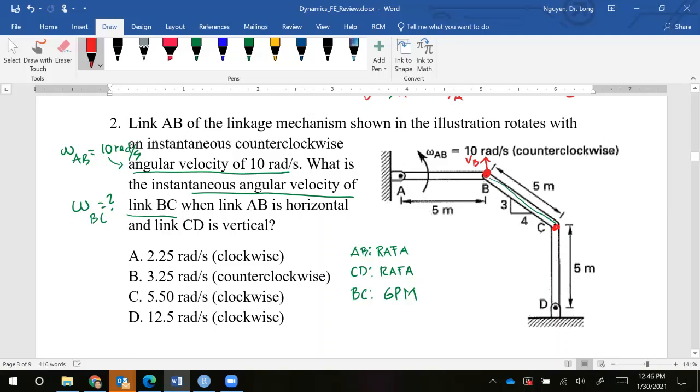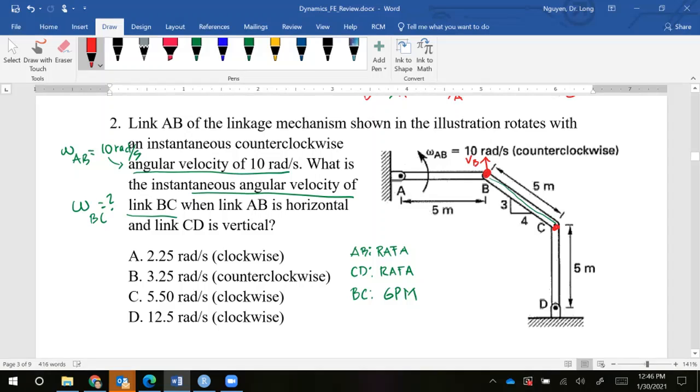And then the second common point is C. For common point C, it also belongs to CD. So C rotates about a fixed axis through D. So the velocity is perpendicular to the radius.